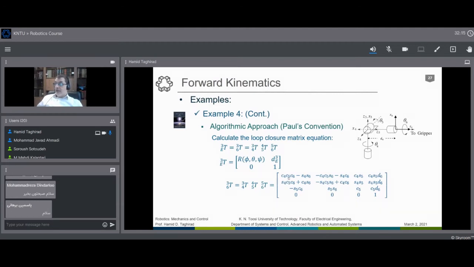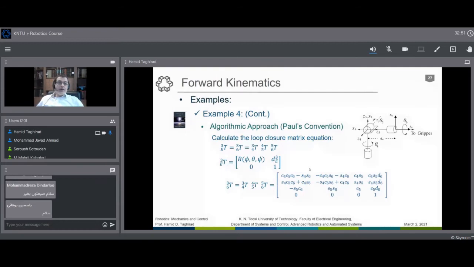Of course, if theta 4, 5, 6, the joint variable parameters, are given, you can easily find that, and you can easily equate this and find the rotation matrix, the orientation of the end effector in terms of matrix representation. But assigning the right Euler angle will help us a lot in the inverse problem that we will talk about in the next 2 other sessions that we have.